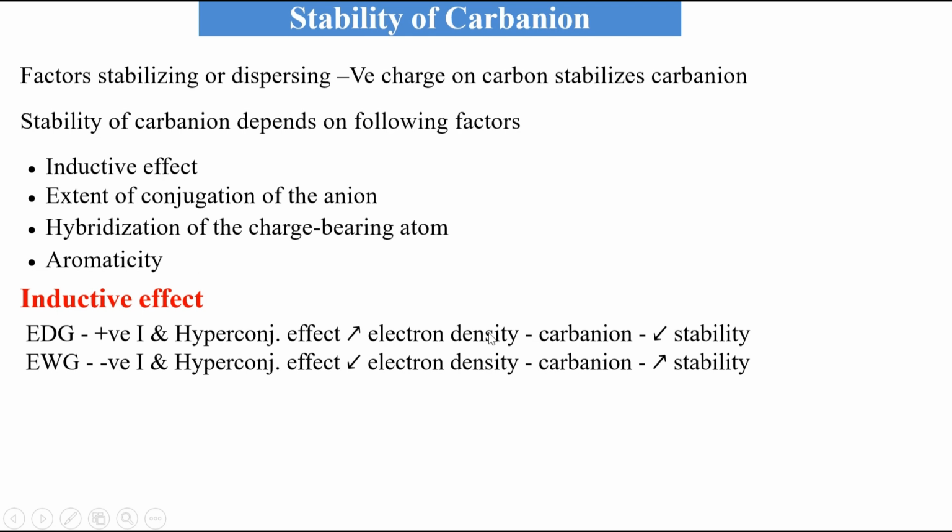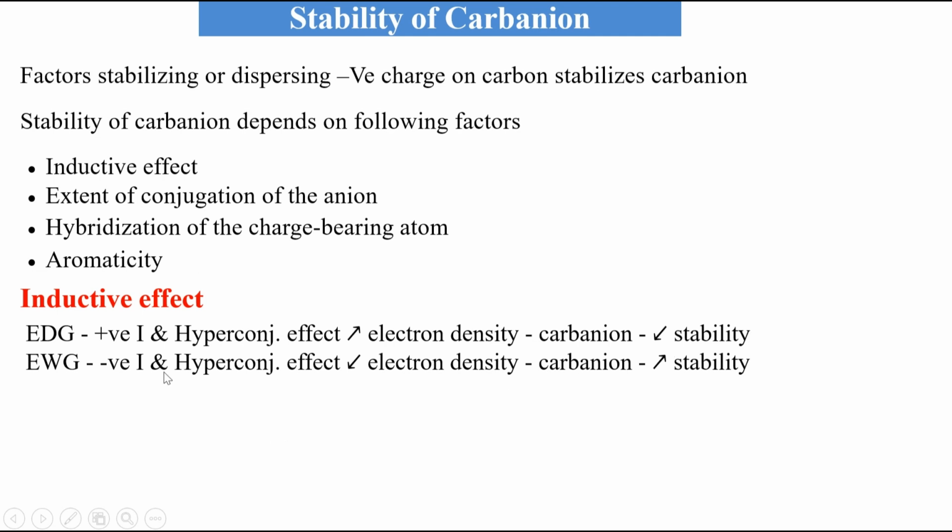If that carbanion is already electron rich, and because of this electron donating group it increases the electron density of the already electron rich carbanion, it becomes much more rich. As it becomes much more rich, it becomes unstable. It decreases the stability.